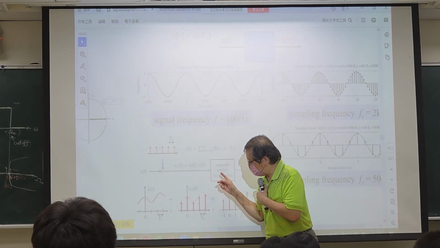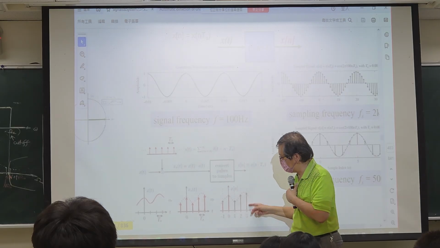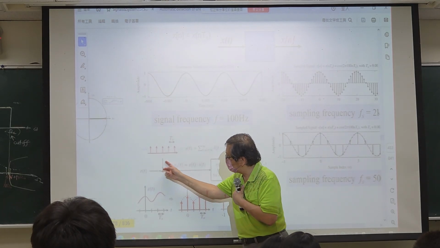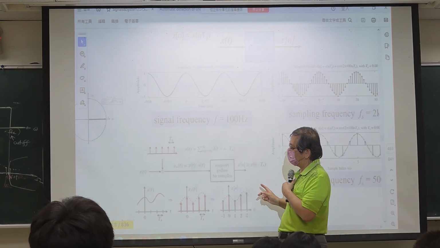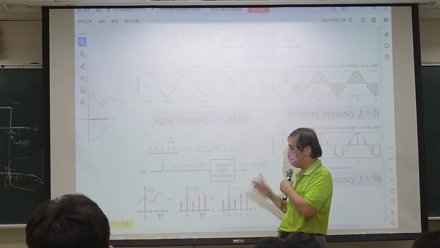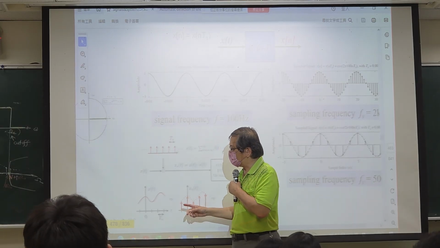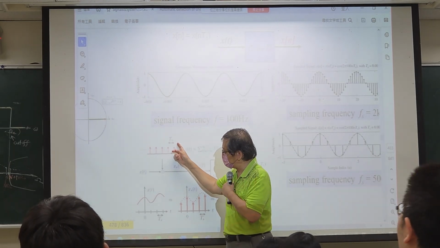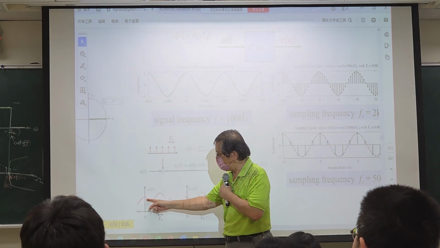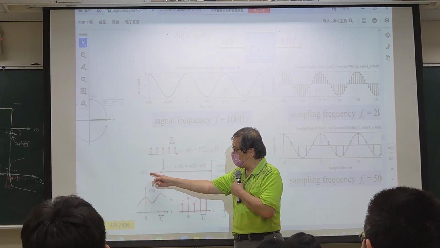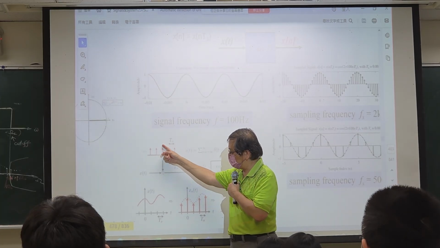Later on we are going to combine this part and this part. But for the moment, let me go through the process one more time. We model the sampling process by using an impulse train. We have an input signal, which is a continuous signal, and it goes through this impulse train.